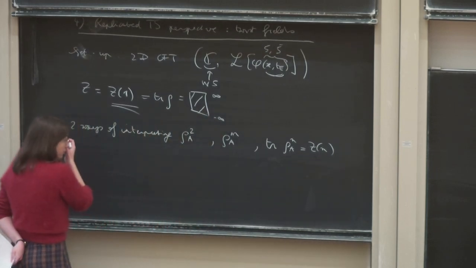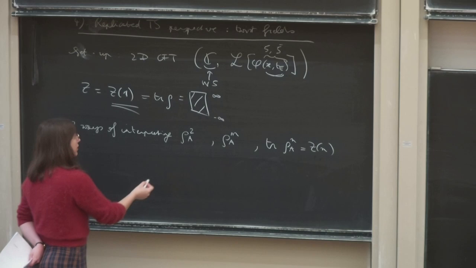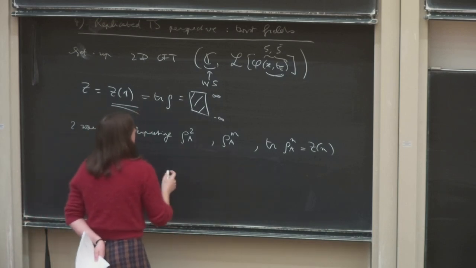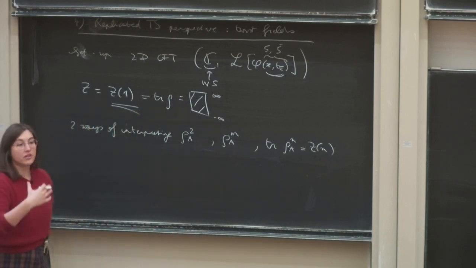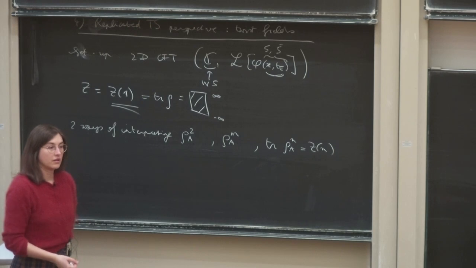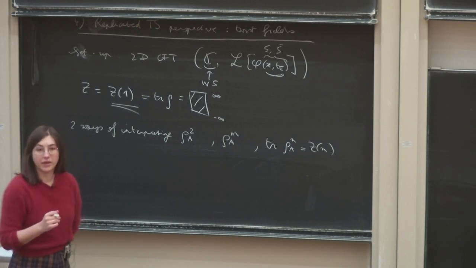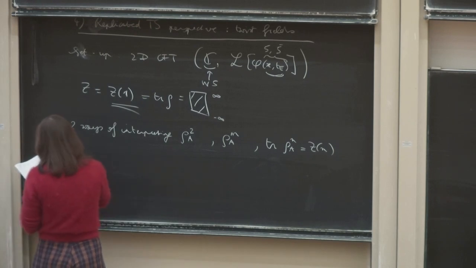And so the first way that we interpreted these objects was in terms of copying the geometry into this replicated manifold, right? So let me remind you of that.